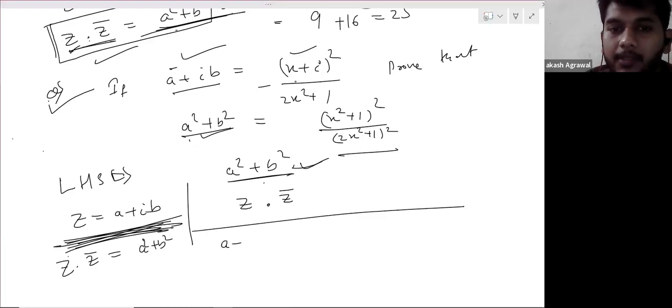This is clear. Now let's start with this: a plus ib equals x plus i whole square divided by 2x square plus 1.